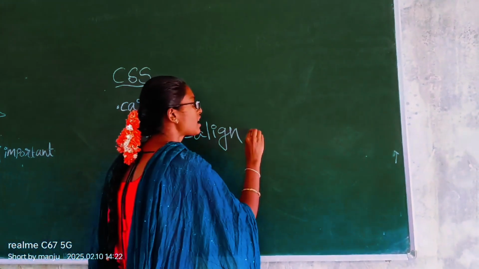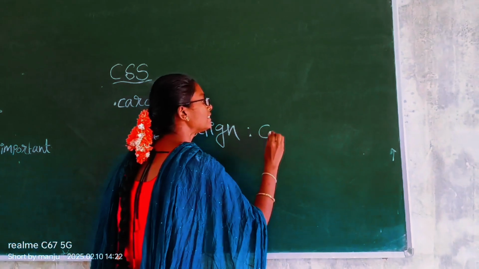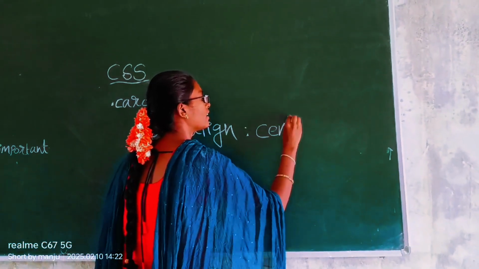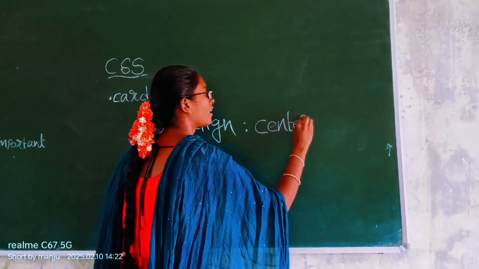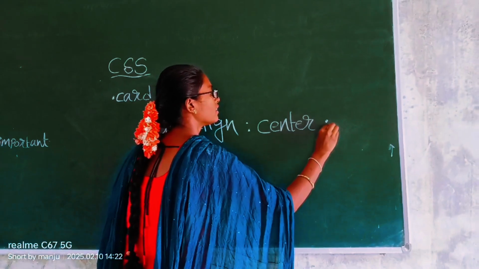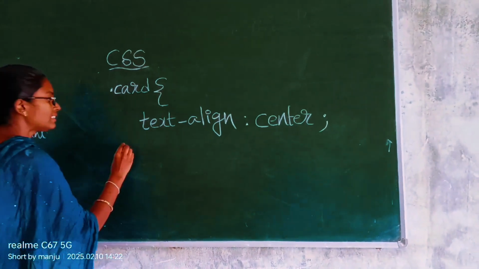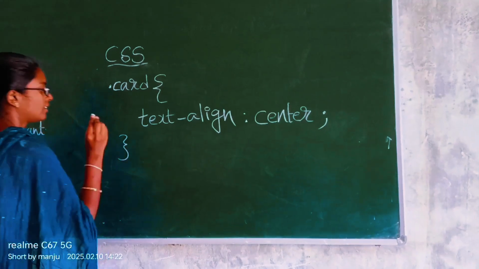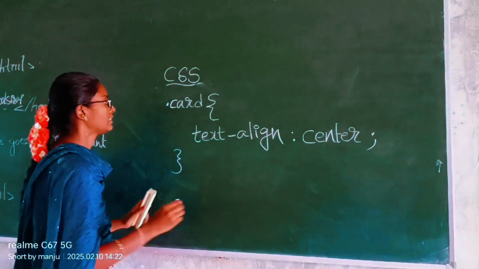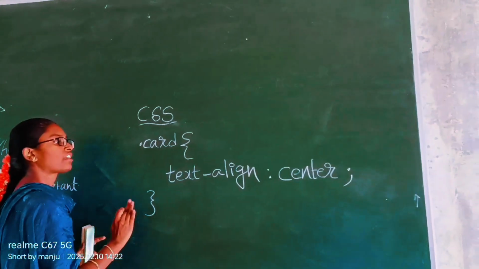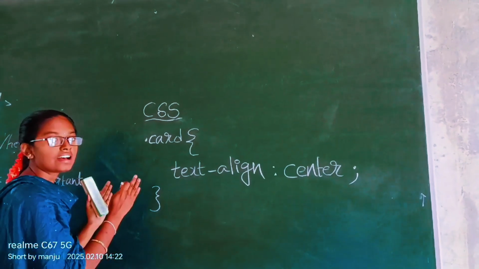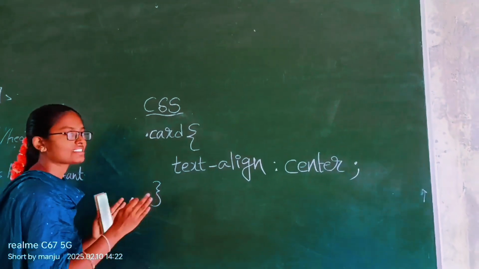I am using text-align center and having a semicolon at last. This will be the syntax, and the curly brace should be ended. This is the syntax for writing these class elements in CSS.